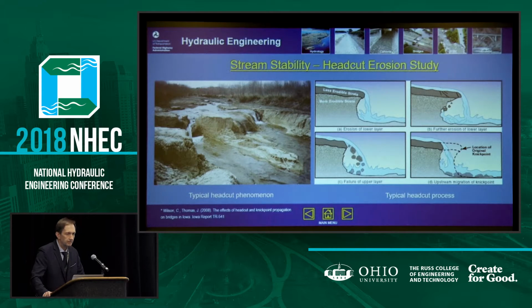Another stream instability is head cut. We just want to show you a concept of how this idea can also work to look at head cut migration. This slide shows a little bit of the head cut mechanism, but I think most of you are familiar with how that works.